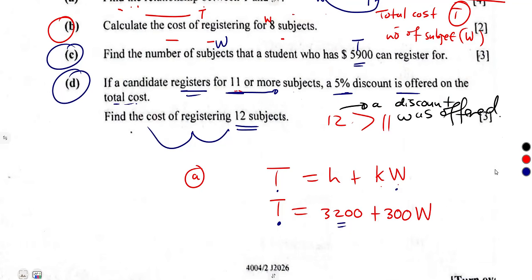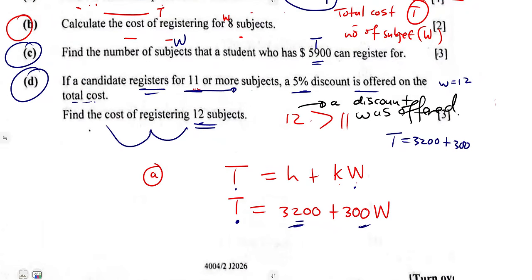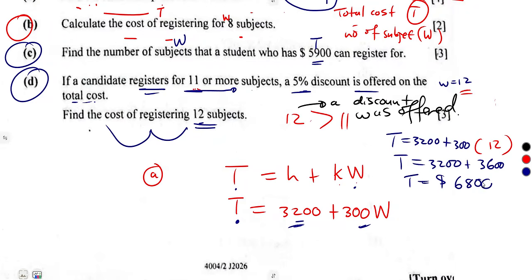To calculate the total, first let us have the total for those 12 subjects, when our W is 12. The total is going to be 3,200 plus 300 times the number of subjects, which is 12. So that is 3,200 plus 3,600. You add, and this is going to give us a total of 6,800.